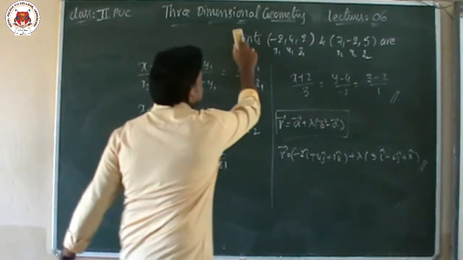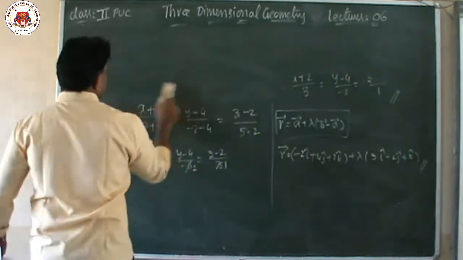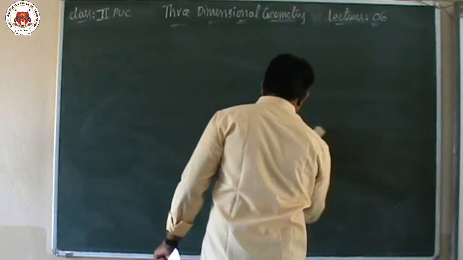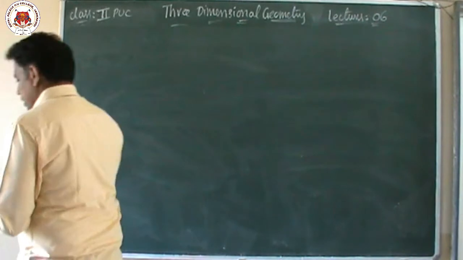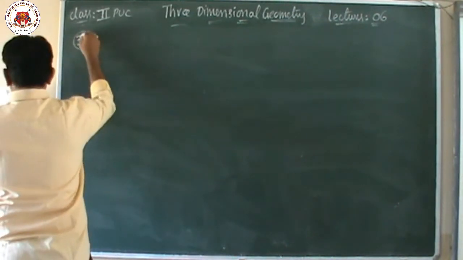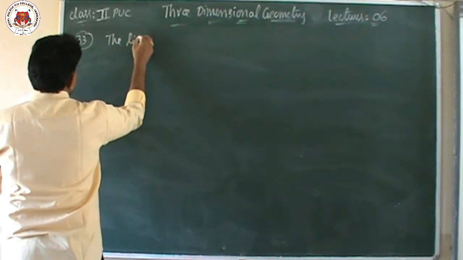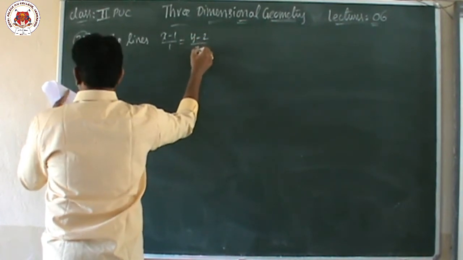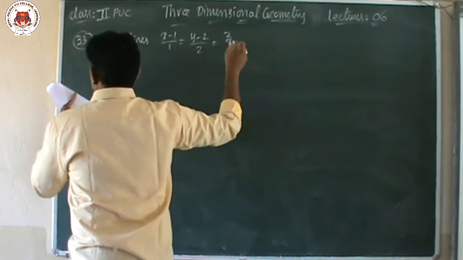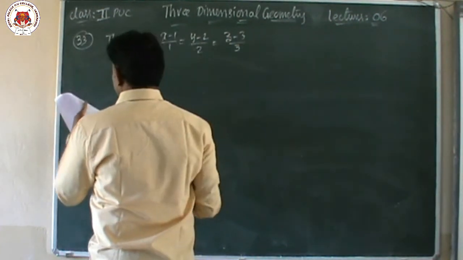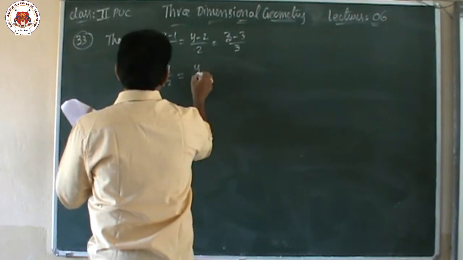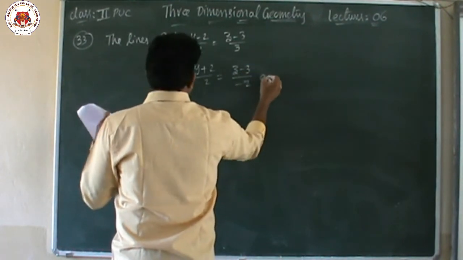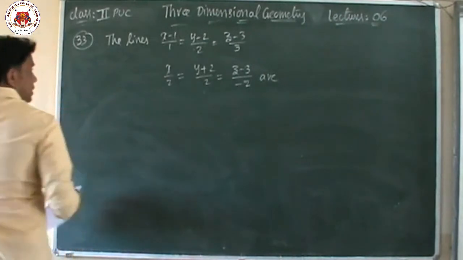Question number 23. The lines (x minus 1) by 1 equal to (y minus 2) by 2 equal to (z minus 3) by 3, and x by 2 equal to (y plus 2) by 2 equal to (z minus 3) by minus 2 are... He is asking what these two lines are.